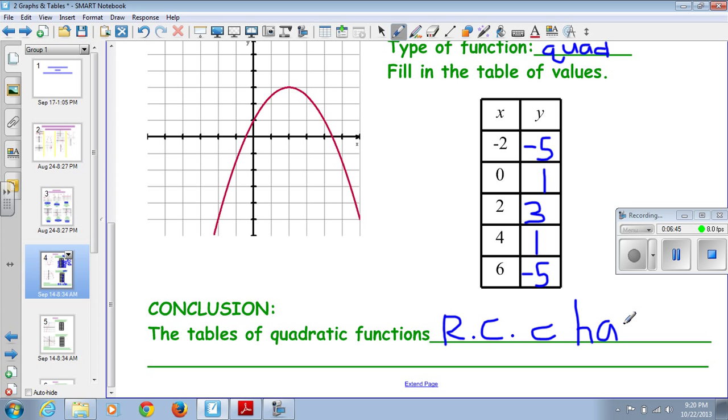There's the bad writing. Finish writing this here. There we go.